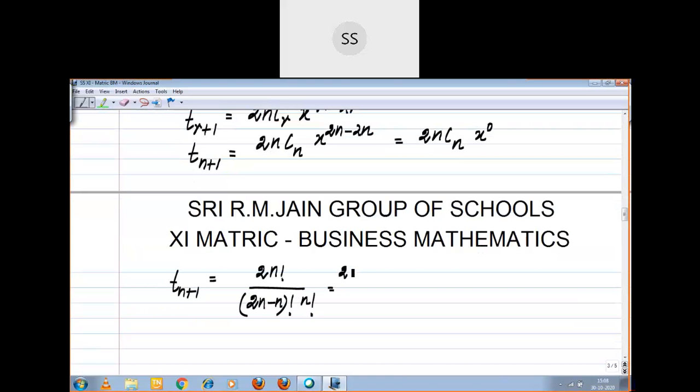Now we are going to apply the formula, right? NCR, n factorial divided by n minus r factorial into r factorial.